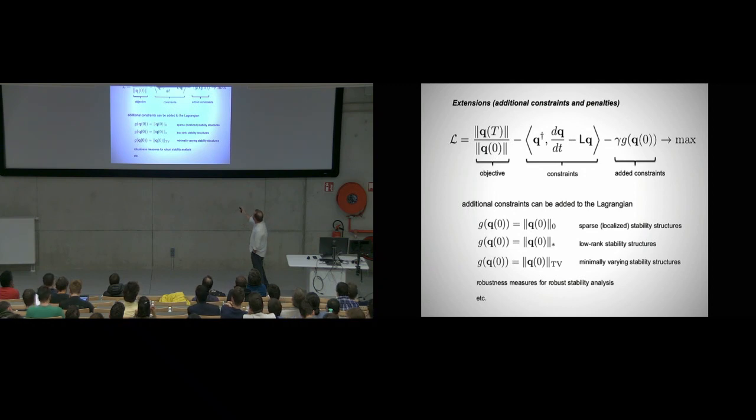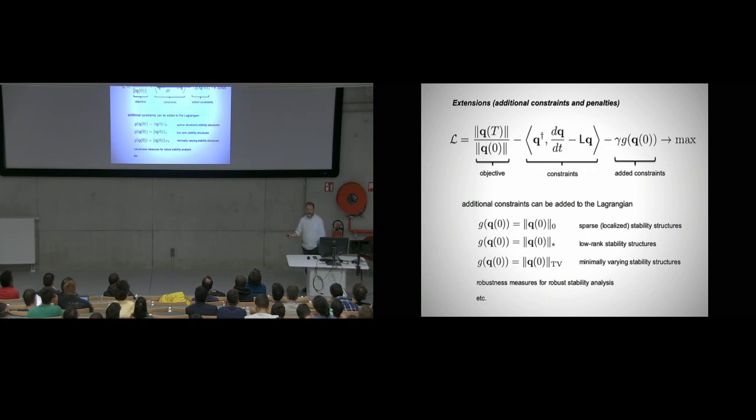What about additional constraints? You can also say, okay, let this one be energy if you want to, but I have additional constraints that I also want to satisfy. So they would go on the right-hand side, and there's really no limit of what you can add. Okay? So for example, you can say, I want to have a sparse localized stability structure. Then you add a zero norm to here. The optimization gets harder.